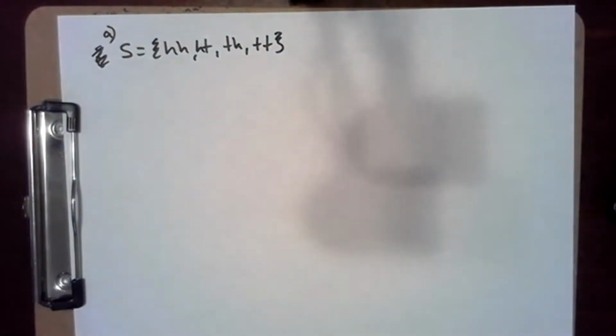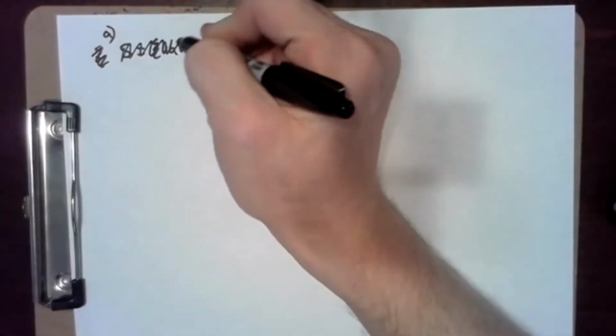There are 4 elements in this sample space, and there they are. Next. Oh, I'm sorry, are we flipping this 3 times? We are flipping this 3 times, not twice. My bad, sorry. Helps if I actually go back and look at the problem as I'm typing it. Yeah, we're flipping a coin 3 times.